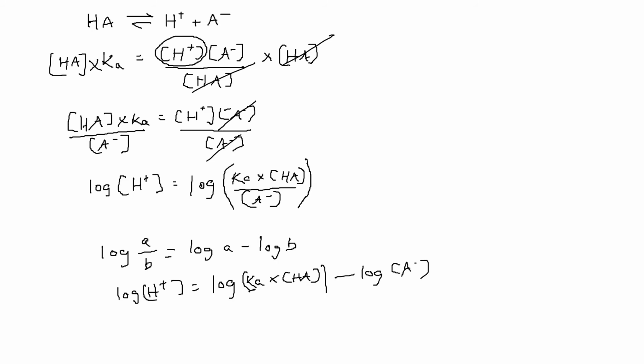So what I've done there is use the rule that log A over B equals log A minus log B to transform this side of the equation into log Ka times HA, so the top, minus log A minus, so from the bottom.